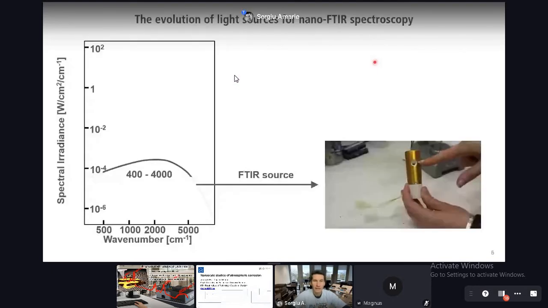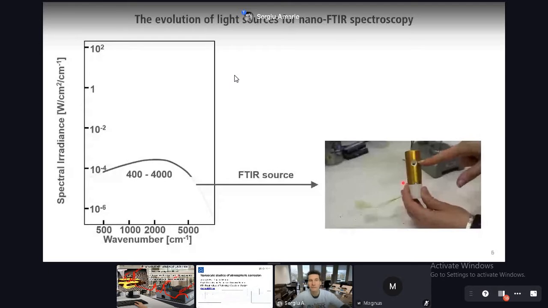The standard light source utilized by an FTIR microscope is based on thermal emission and exhibits a spectral range covering 400 to 4,000 wave numbers. This spectral range relates to the black body radiation emitted by a hot wire.